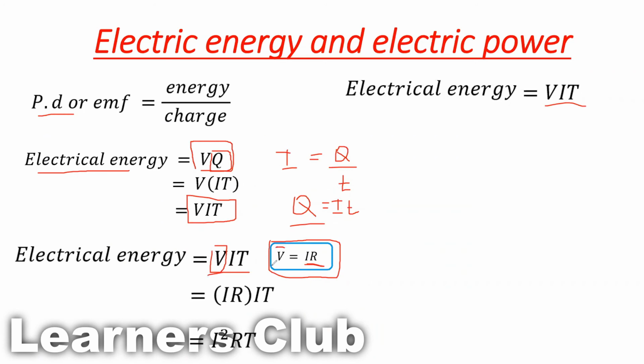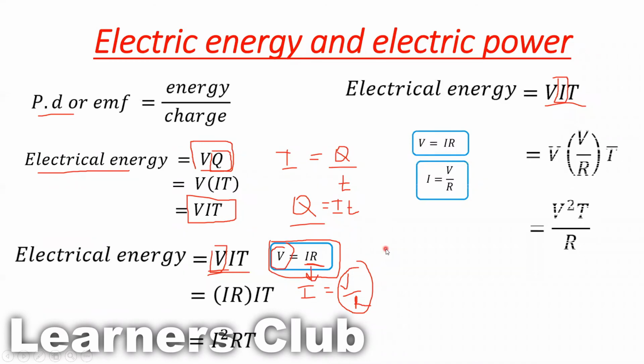Instead of substituting for V, we make I the subject. From here, I is equal to V over R. Substitute V over R in place of this I. Then we get V times V over R times T, that's equal to V squared T over R.